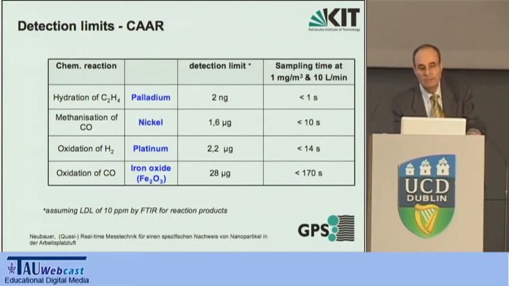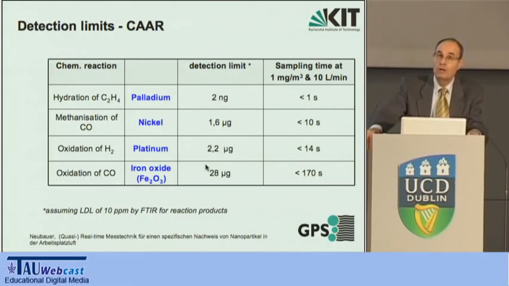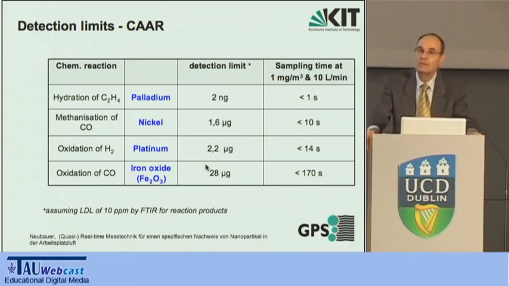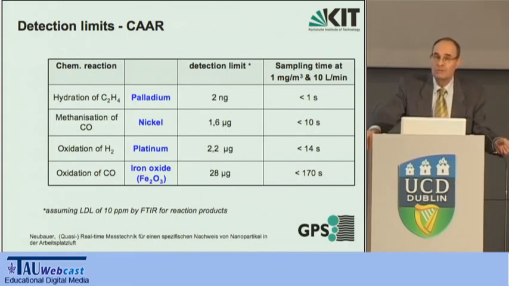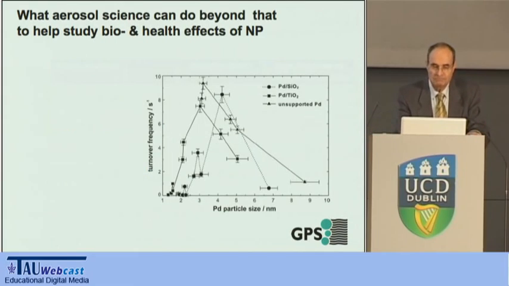And the neat thing about it is that the detection limits and the sensitivity go up in proportion to the, let us say, not danger, but dangerousness of the particles, because the more catalytically active something is, the more risk it presumably poses, and therefore also the more sensitive your technique becomes.